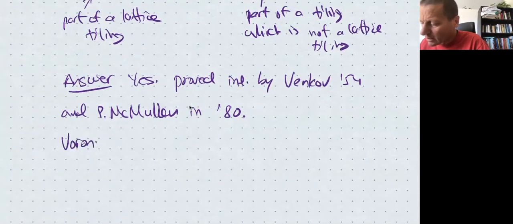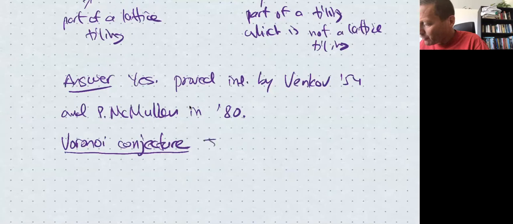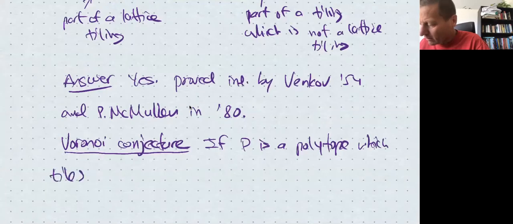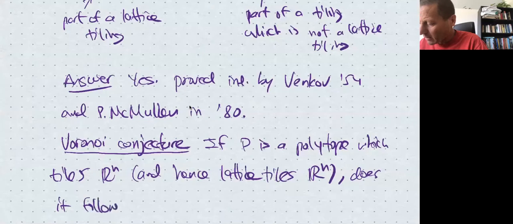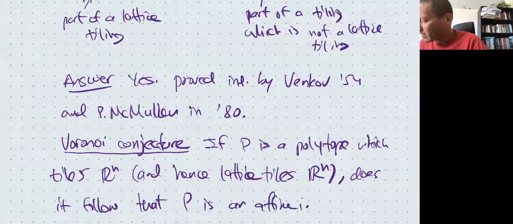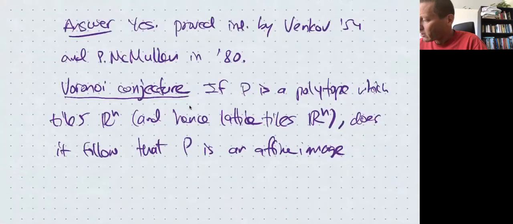So, Voronoi conjecture: if P is a polytope which tiles Rn, and hence lattice tiles Rn by the result I just mentioned, does it follow that P is an affine image of the Voronoi cell?